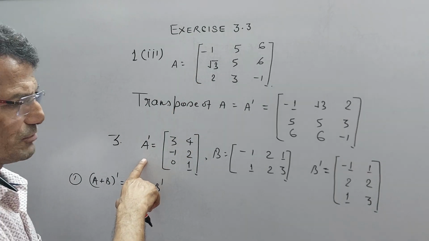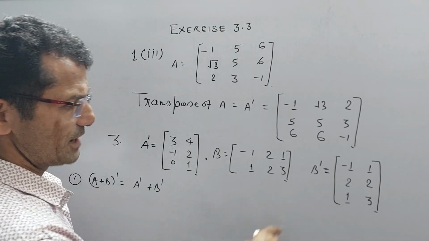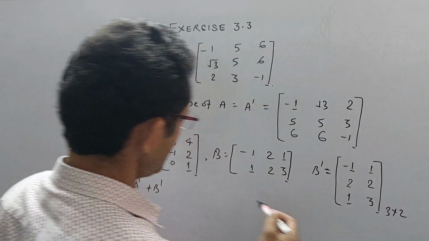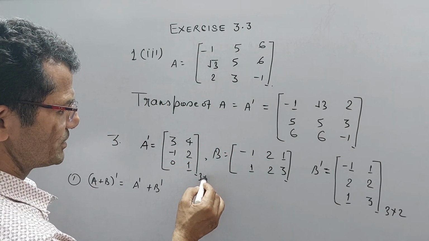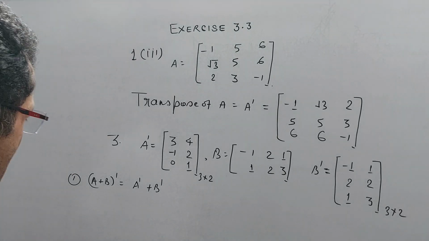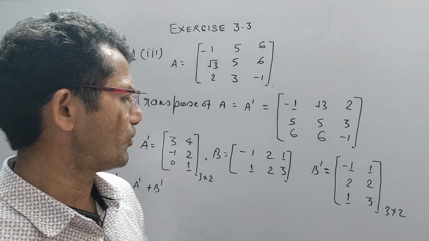Now the transpose of A and the transpose of B have the same order, 3 cross 2, that is 3 rows and 2 columns. So we can add them, because addition and subtraction are possible only when the order is the same.